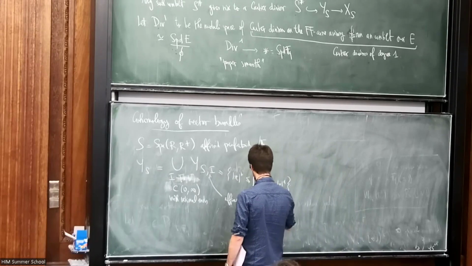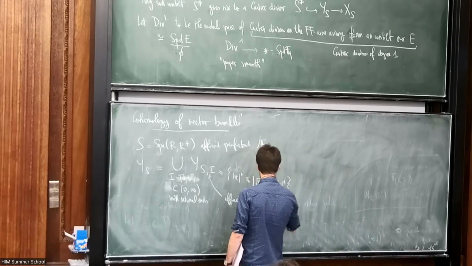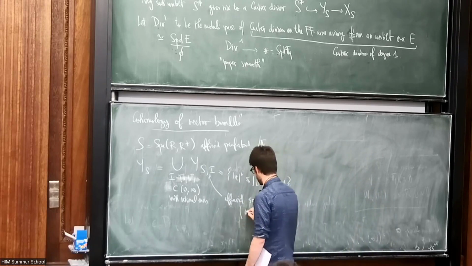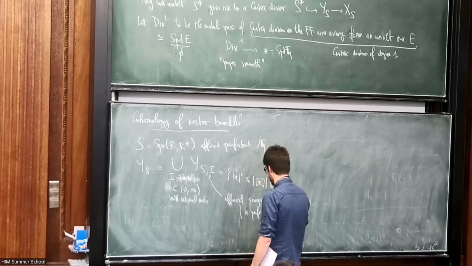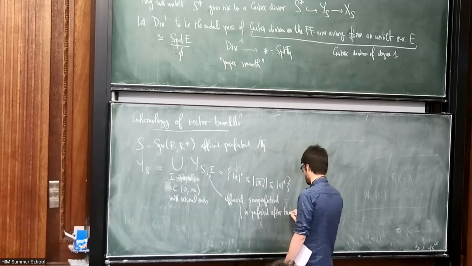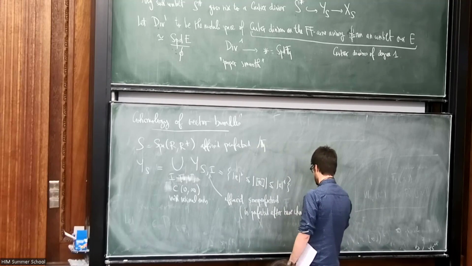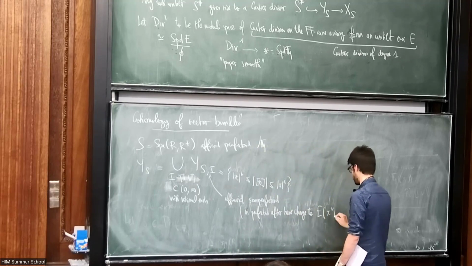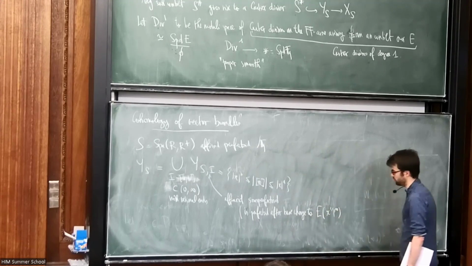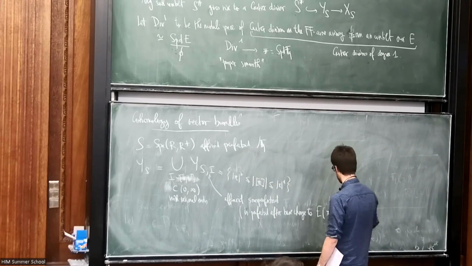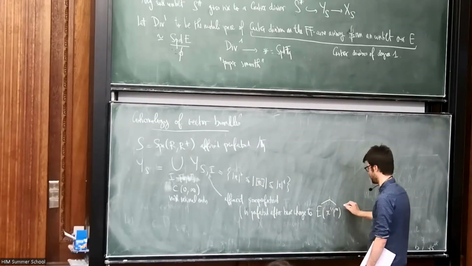It's superperfectoid, meaning that it becomes perfectoid after base change from E to the perfectoid extension you get by adding all possible p-power roots of the uniformizer pi and taking the p-adic completion.